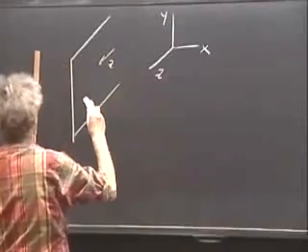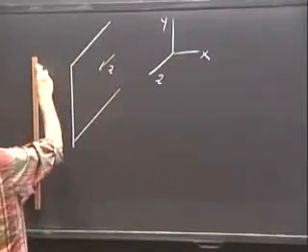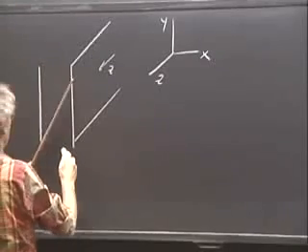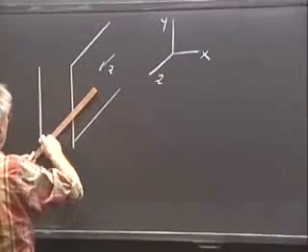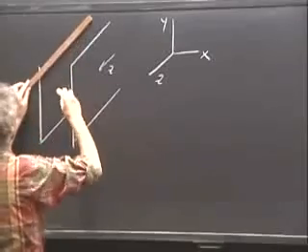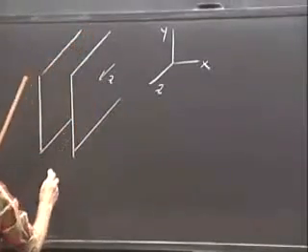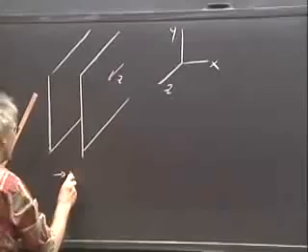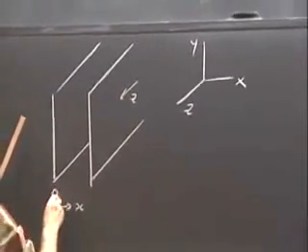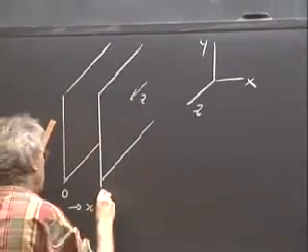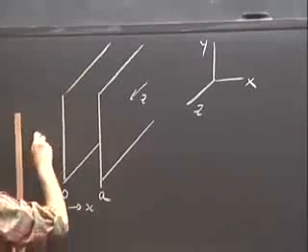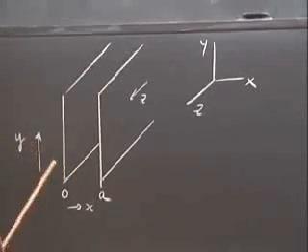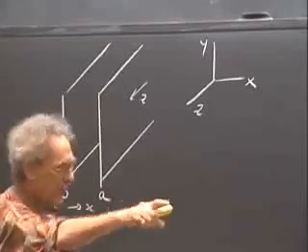So this is the z direction, and then I have here another plate, two parallel plates, and this will be the x direction. I call this x equals 0, and this x equals a, and this then is the y direction. So that's the setup. You see it there.